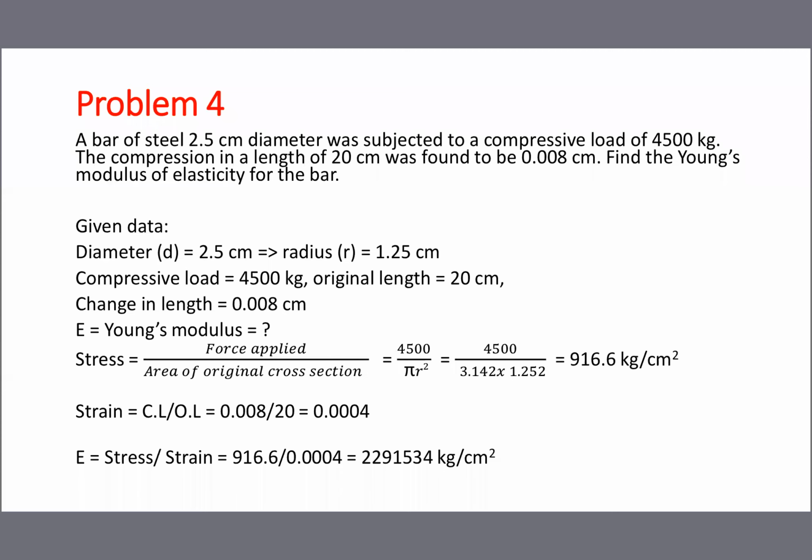Whatever may be the unit of stress, the same unit for Young's modulus. So in this problem everything is given correctly, and the three important definitions: stress, strain, Young's modulus. So clear problem, no confusion. Data are clear, and we calculated correctly.